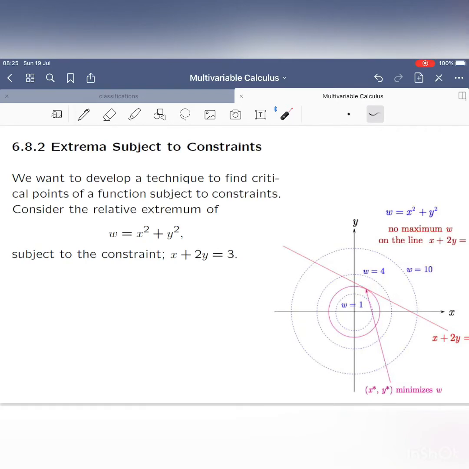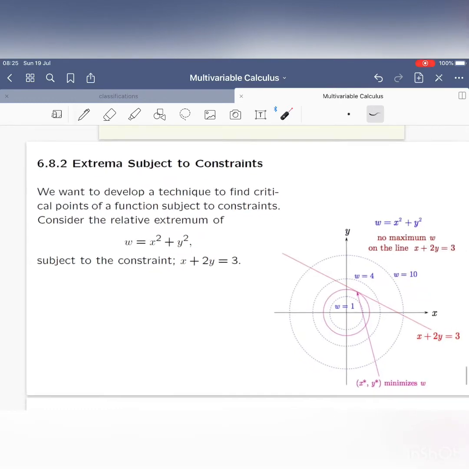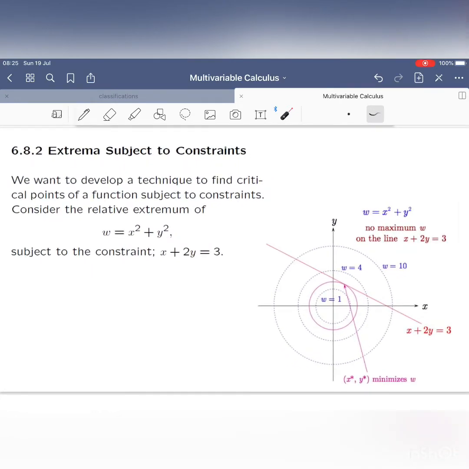So we are going to see which one will give you the relative extremum.